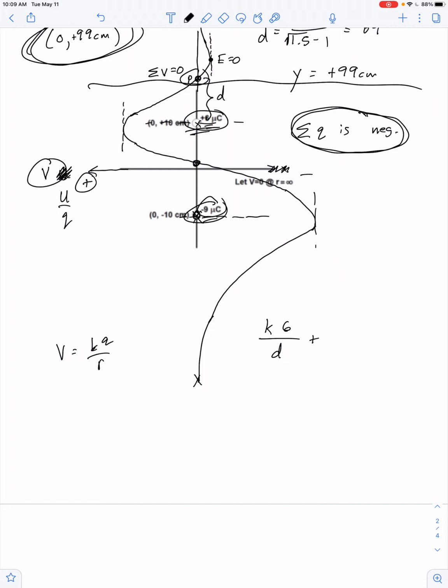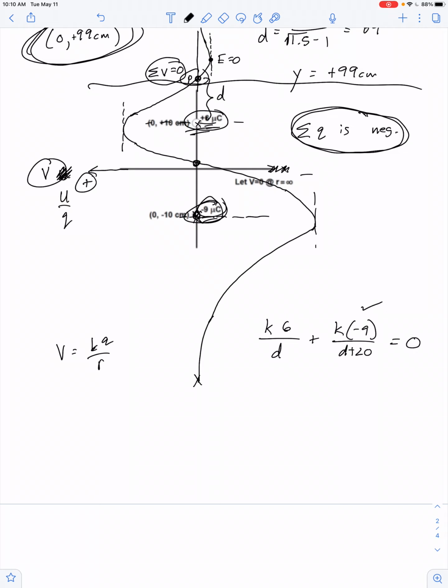Okay, and in addition to it, there's an electric potential from the negative charge equal to K times negative 9 divided by d plus 20. Now this time, I can't ignore the fact that it's a negative value when I plug it into the equation, because I'm not just simply setting magnitudes in opposite directions equal. I'm trying to find a net value based on the superposition principle.